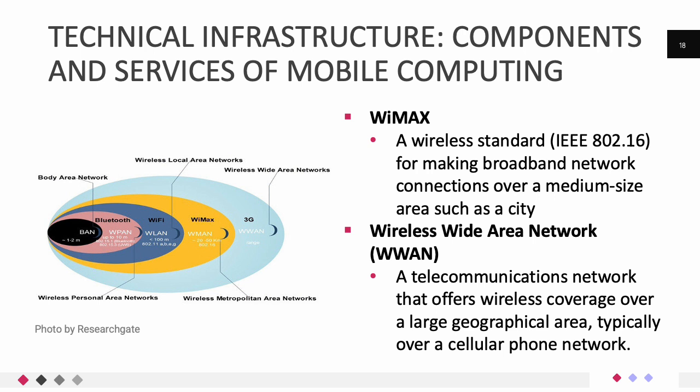Okay, now WiMAX. WiMAX is the Worldwide Interoperability for Microwave Access. Think of it like a superpowered Wi-Fi that covers an entire city instead of just your home or your campus.